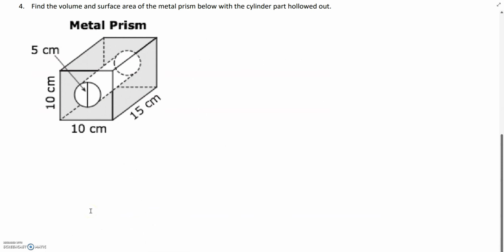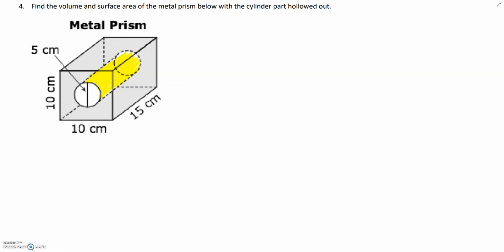All right, now the surface area. Surface area is a little bit involved here, because the surface area is the boundary of the shape. As far as boundary goes, because the part is hollowed out, you also need to count that part, because it is a surface that is being exposed.